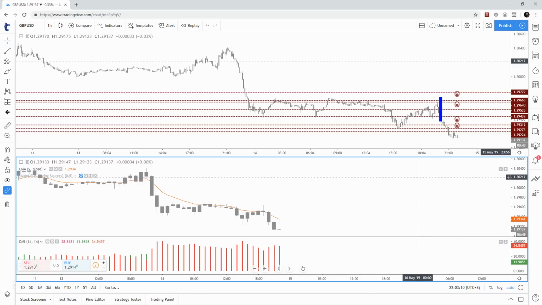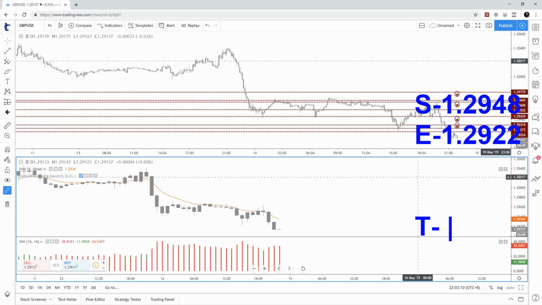If your stop is 129.48, and your entry is 129.22, and your final target is 128.32, this is the time where you want to take a screenshot, so be ready.